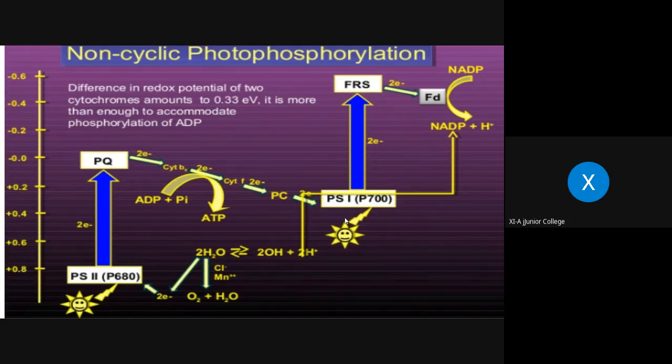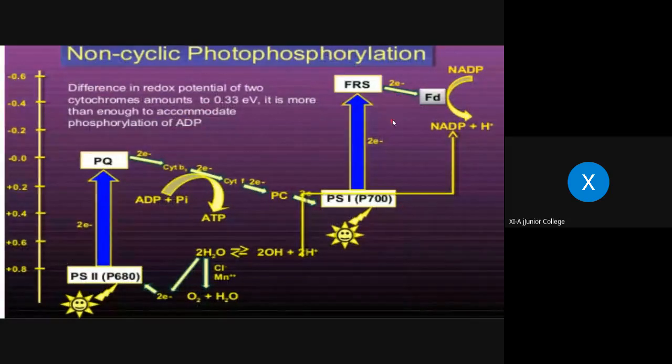Now what happens during that process? Again, the chlorophyll A of pigment system 1 receives energy from light as well as accessory pigments, and because of the greater amount of energy, electrons are excited from the outermost orbit.